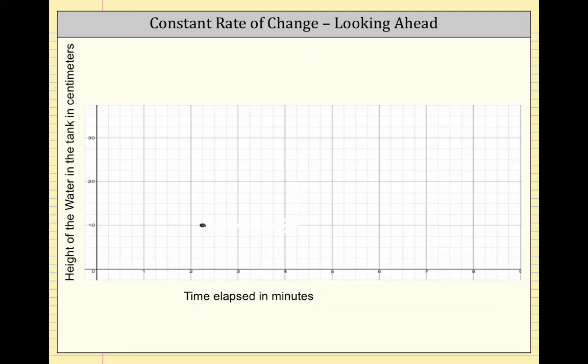Let's look at another situation that is also related by constant rate of change. Suppose there's another tank that is being filled with water. The dot over here represents a situation where at 2.25 minutes, the height of the water is 10 centimeters. Now, for every 2 minutes that go by, for a change of 2 minutes, the height of the water in the tank goes up by 9 centimeters.